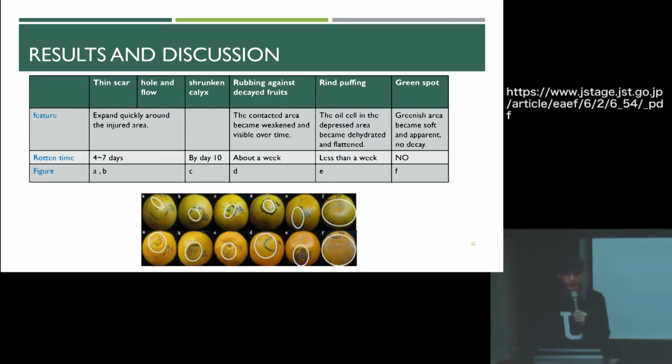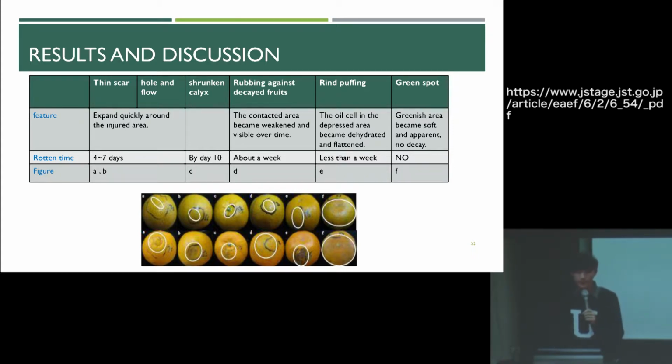And for the rubbing against decayed fruit, the affected area will become weakened and visible, and it will be rotten in about a week. And in the case of ring puffing, the oil cells will become depressed, dehydrated and flattened, and the color on the surface will turn brown, as you can see from figure E. The oil cell in the defective area will turn brown.